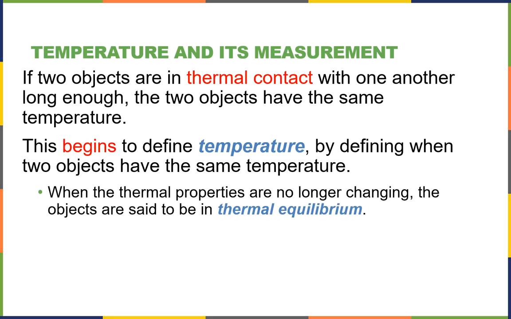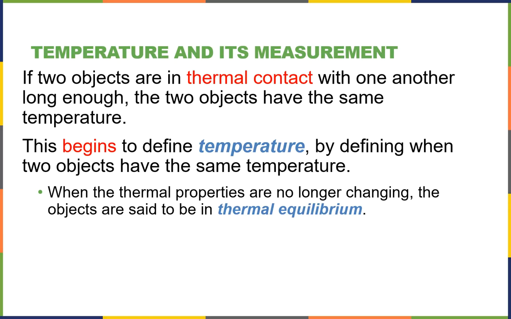Thermal equilibrium. We just finished a test that covered equilibrium. Equilibrium meant equal forces. Librium, force, equal. Thermal equilibrium is going to be the situation where, instead of mechanical equilibrium, where there was no acceleration, for thermal equilibrium, there's no heat flow.